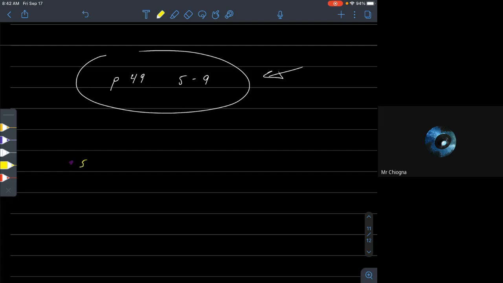So again, it's up to you, but you might want to write out these questions before you do the solution in your notes. It's easier to review that way. You can just cover the solution when you're reviewing.